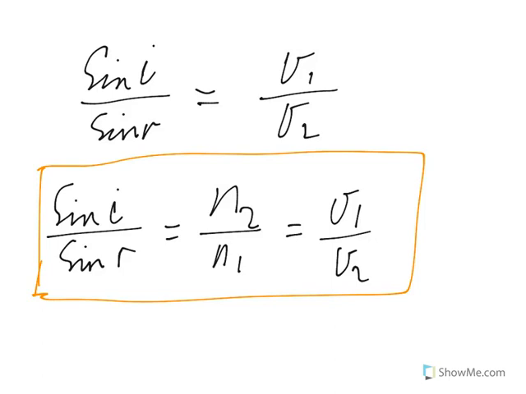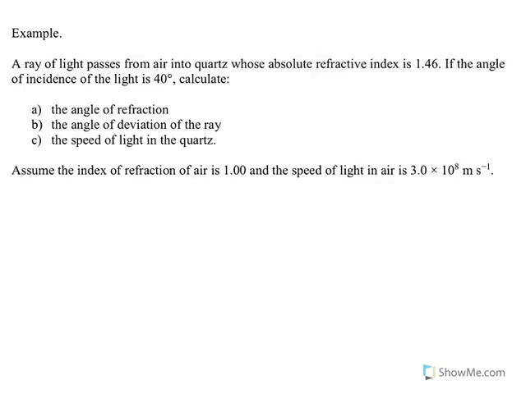Alright, so let's have a look at the example. Here's our light ray. We've got our refractive index, our angle of incidence, and the light is going from air to quartz.